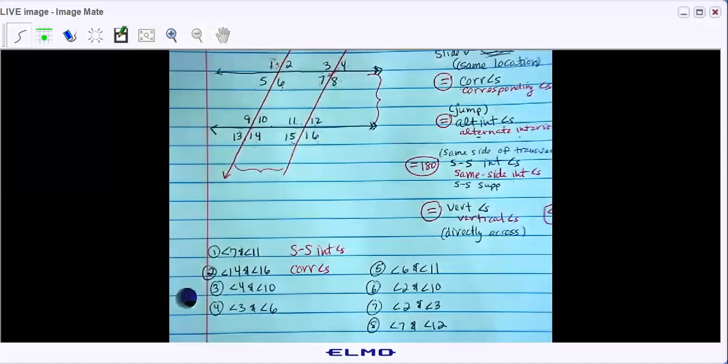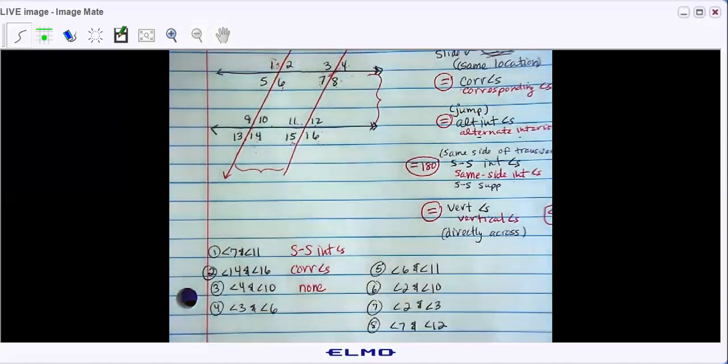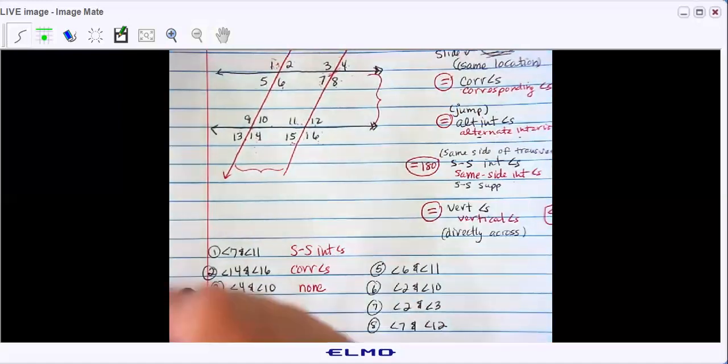And the same here, there's angle 10 and no angle 4. So that's where we get the none of these, or none. I'd highly recommend you cut a little piece of paper or a couple of them, maybe different colors, so you can cover these up and ask the same questions.